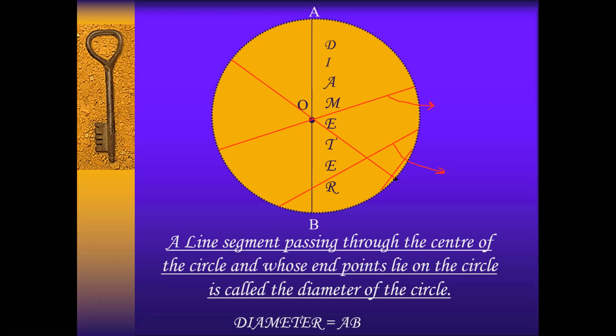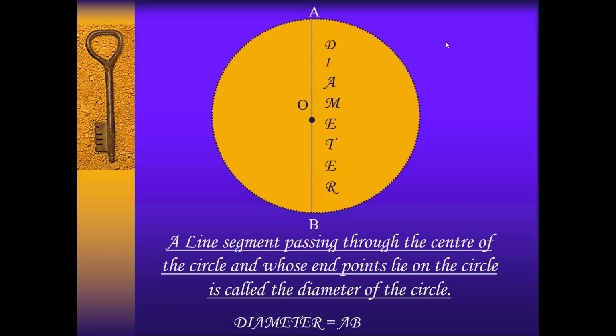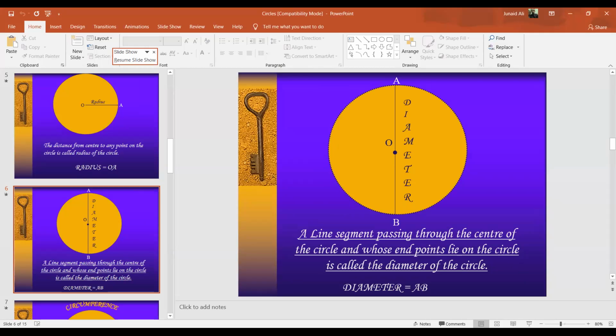I am going to name them now. If we say this is line 1, then line 1 would be equal to line 2. As the radius was equal throughout, the diameter of the circle is also the same no matter at what point of the circle we are standing on.